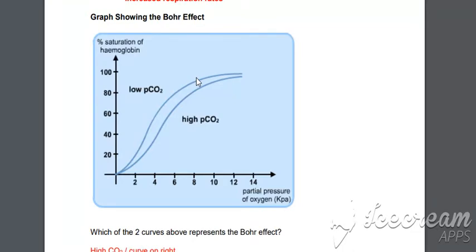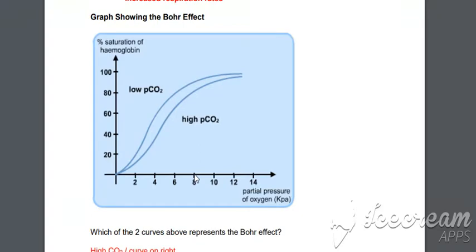So what this means is that the mouse is able to dissociate, or release, or unload more oxygen at a higher partial pressure, which can then be used for the metabolic reactions or respiration. So the oxygen is unloaded more readily, or easily, or quickly is fine, at a higher partial pressure.